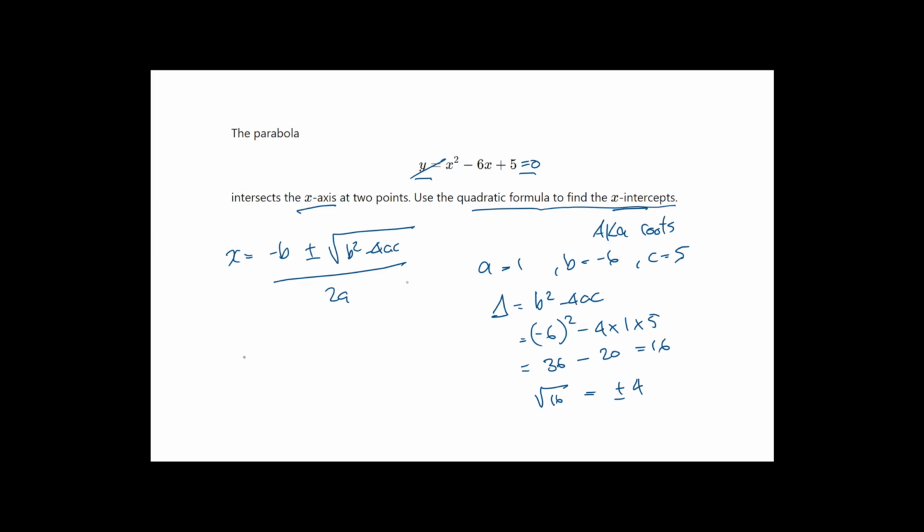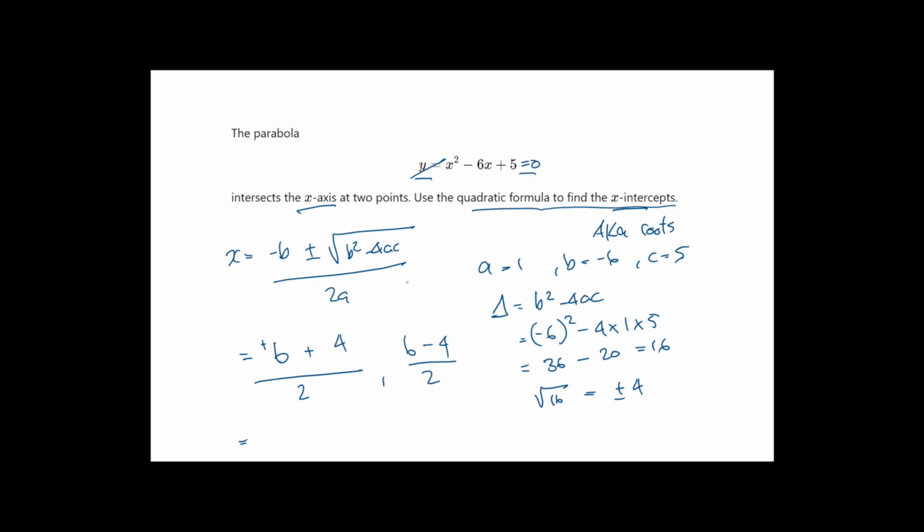So our x here is going to be minus b. Well, minus 6 is going to be positive 6, plus 4 all over 2 times 1, which is 2. And it's going to be positive 6 minus 4 all over 2 again.